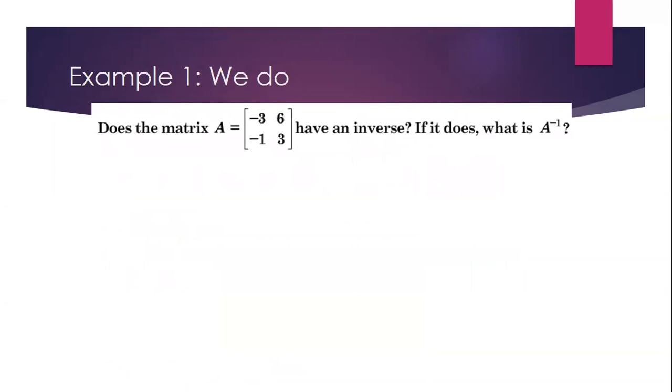So here's our first problem. We have A equals -3, 6, -1, 3. And it wants to know, does it have an inverse? And if it does, what is the inverse? Step one is to find the determinant of A. That comes from -3 times 3 minus 6 times -1.